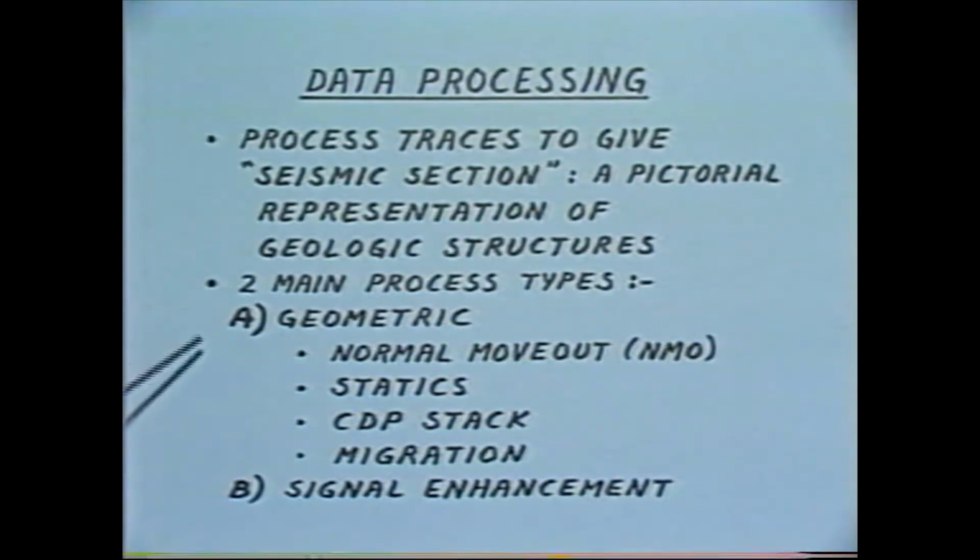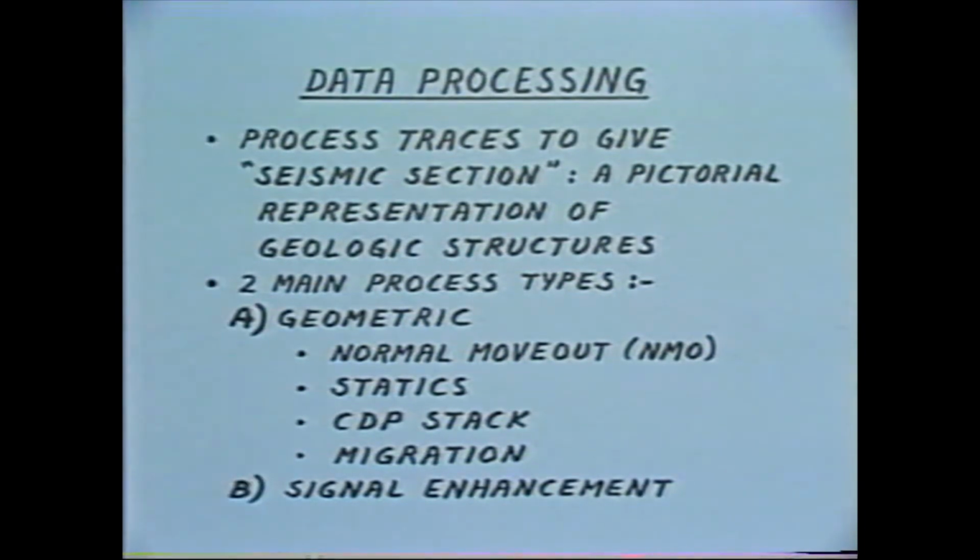The geometric corrections that we'll look at in this lecture are just four of them: the normal move-out corrections and static corrections, a process called common depth point stacking, and finally, although it's not always used on data, a process called migration.